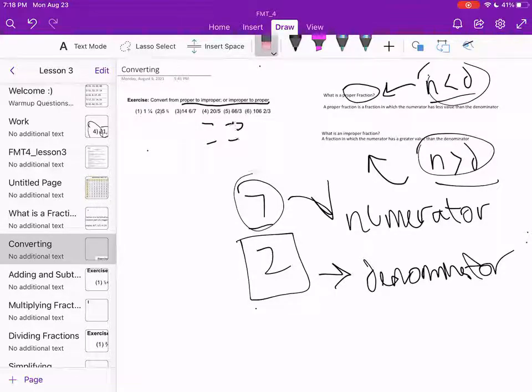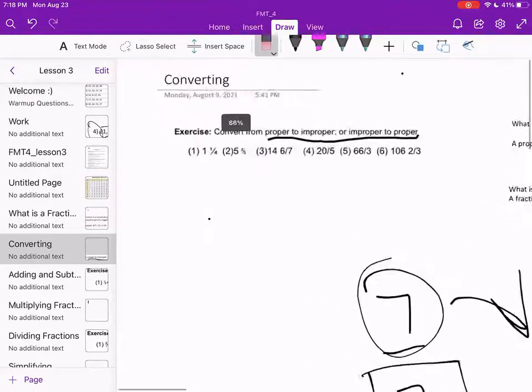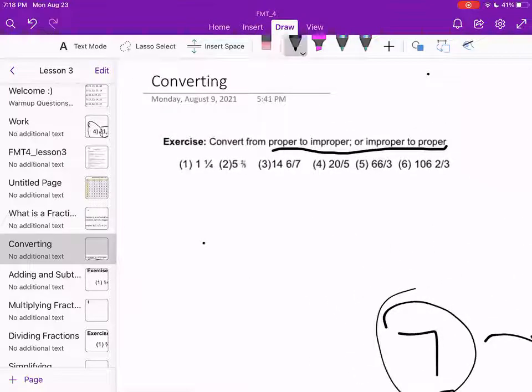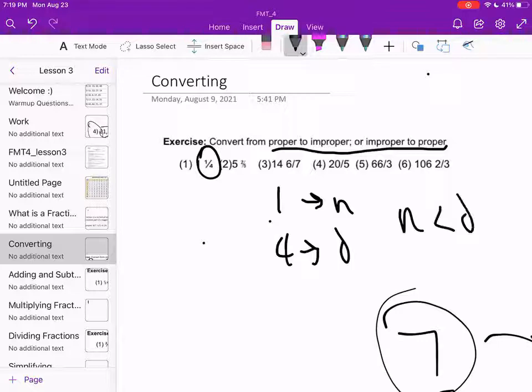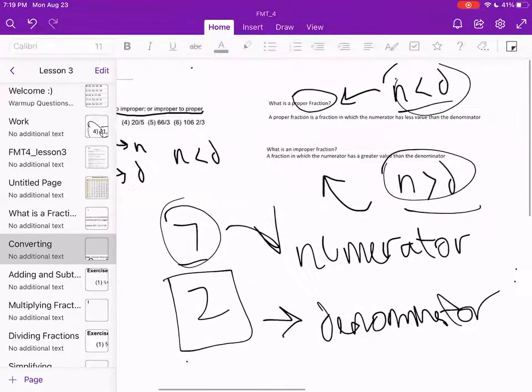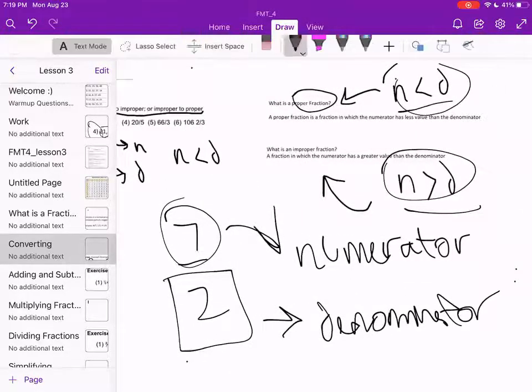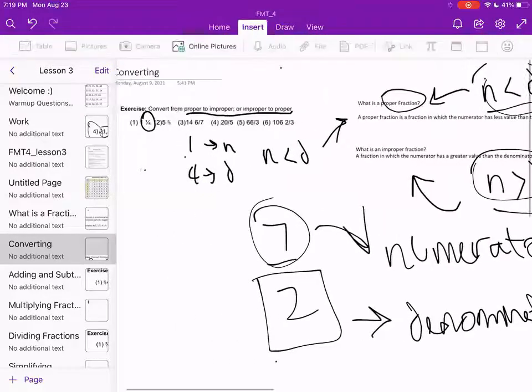So if we go through all of these real quick, 1 and 1/4. 1 is going to be your numerator, 4 is going to be your denominator, and the numerator is less than the denominator. So let's go back to our rule. When the numerator is less than the denominator, that means that this is a proper fraction.